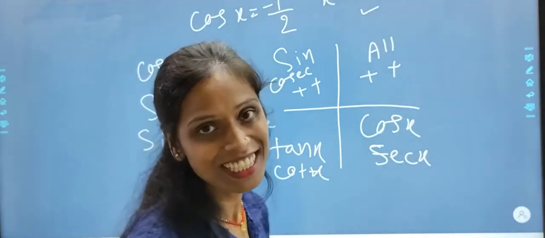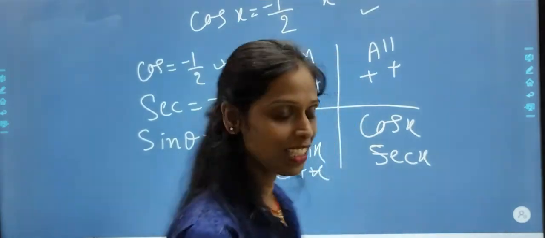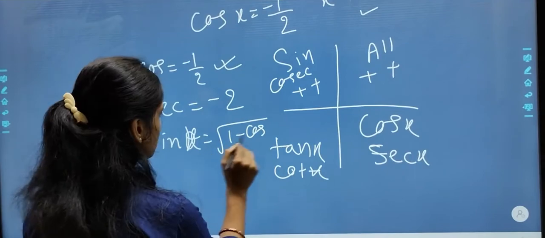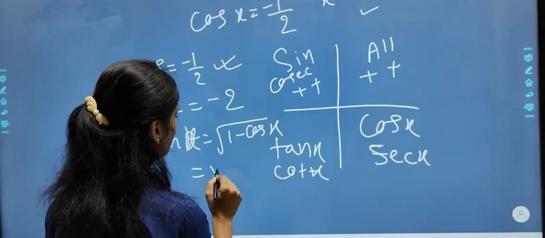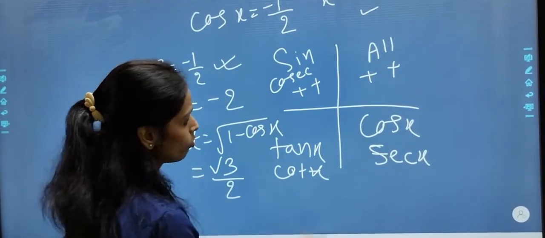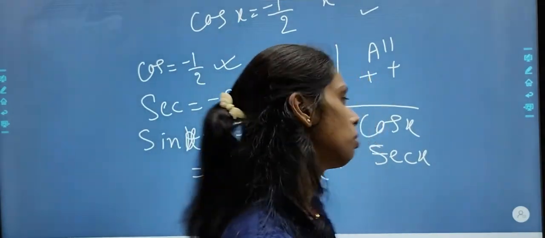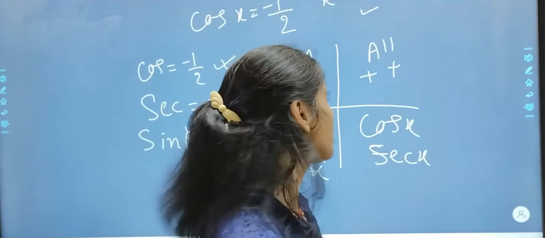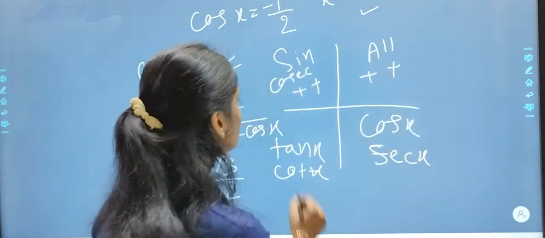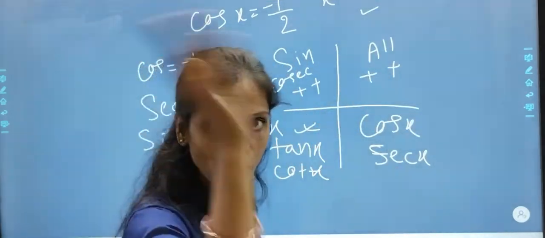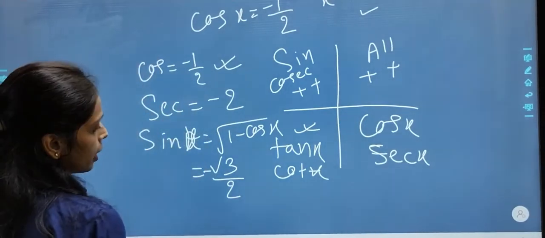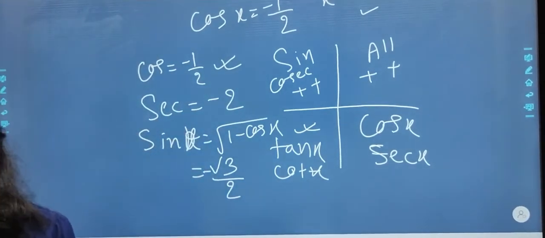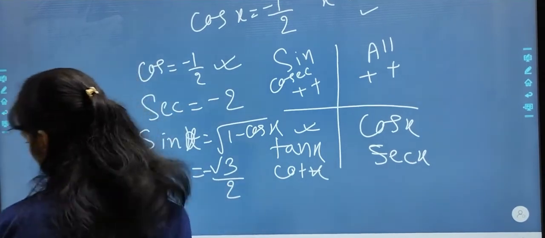Here the theta is called x. You solve it, you will find root 3 by 2, and it will be negative, because the question is in the third quadrant. Only tan will be positive here, all others will be negative. Then minus root 3 by 2.